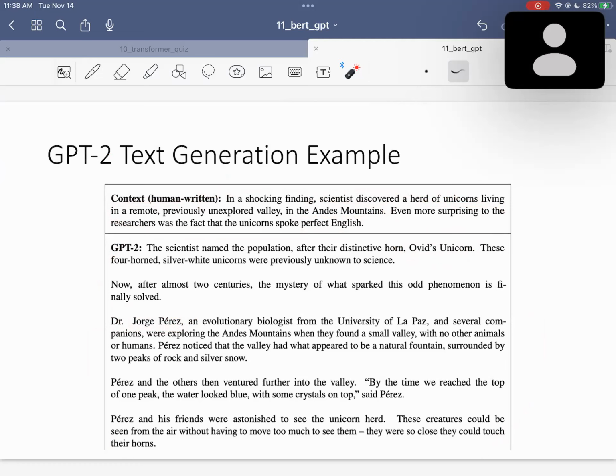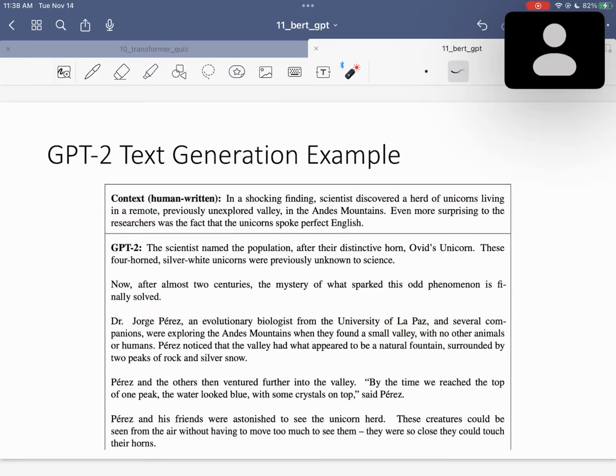And they speak Spanish. That's why the name of the finder is Spanish, Jorge Perez, not like Michael Douglas. So GPT-2 understands this context and finishes this text under that context. And like the University of La Paz. I'm not sure if there is a University of La Paz, but La Paz is the capital of Colombia or Bolivia. I'm not really sure. I think it was Bolivia. So still on point. Very phenomenal.